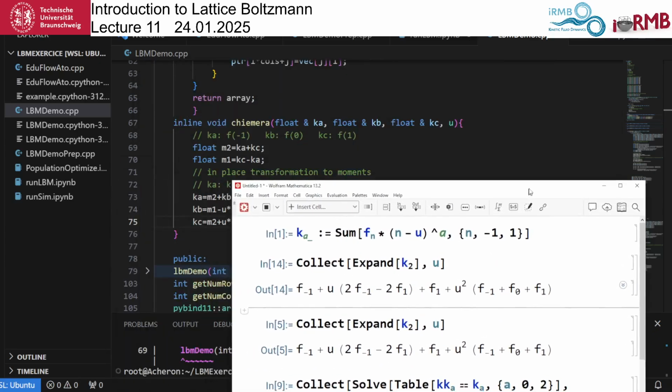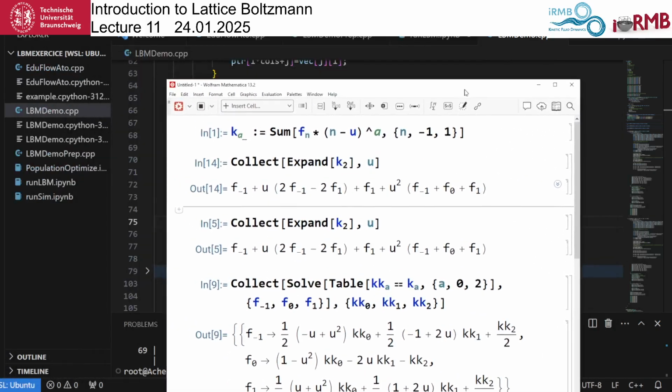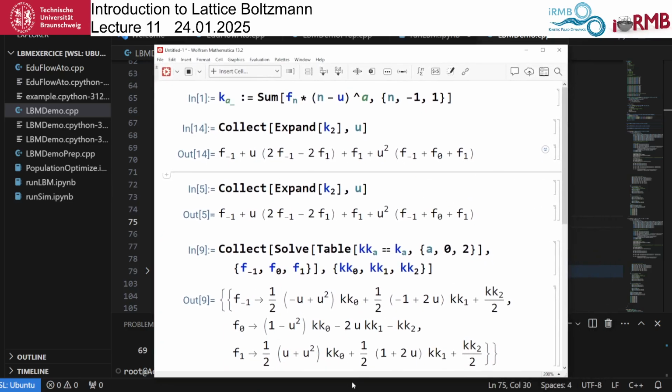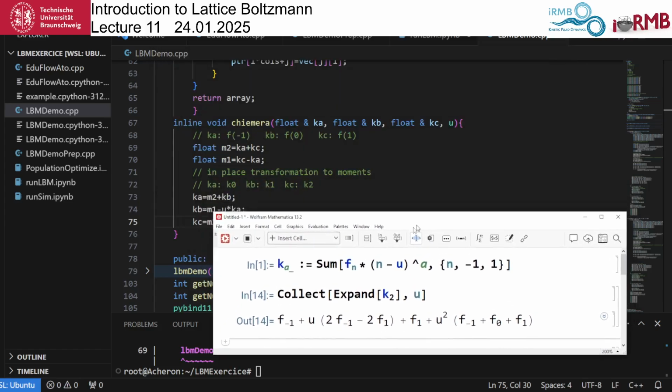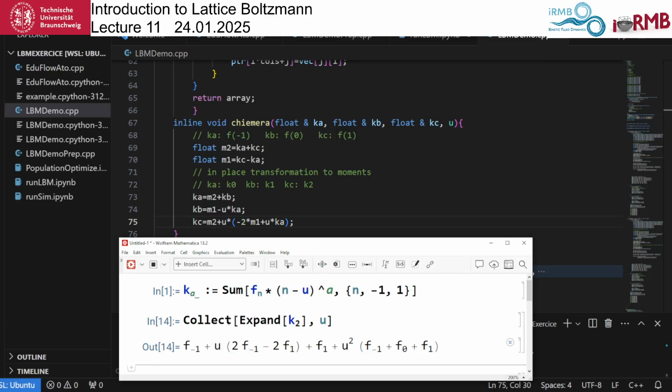I was just typing this from my notes, but this is what you actually see in this mathematical result. So this is the K2, right? M2 is this one plus this one. Then there is 2 times M1, and then there is U times K1, and I put the U outside and put this in the sum.